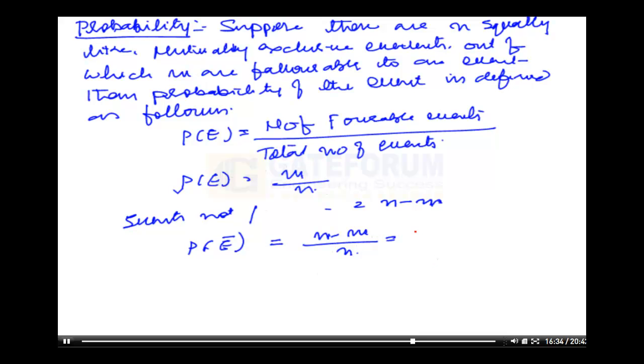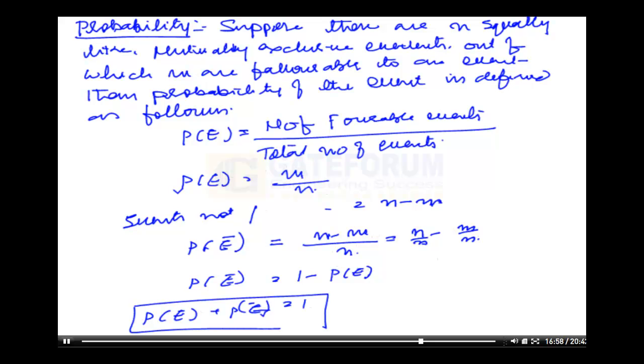Therefore I can write n by n minus m by n. This can be 1 minus m by n, where m by n is P(E). Hence I can write P(E) plus P(E dash) equals 1. This is the basic definition for probability.